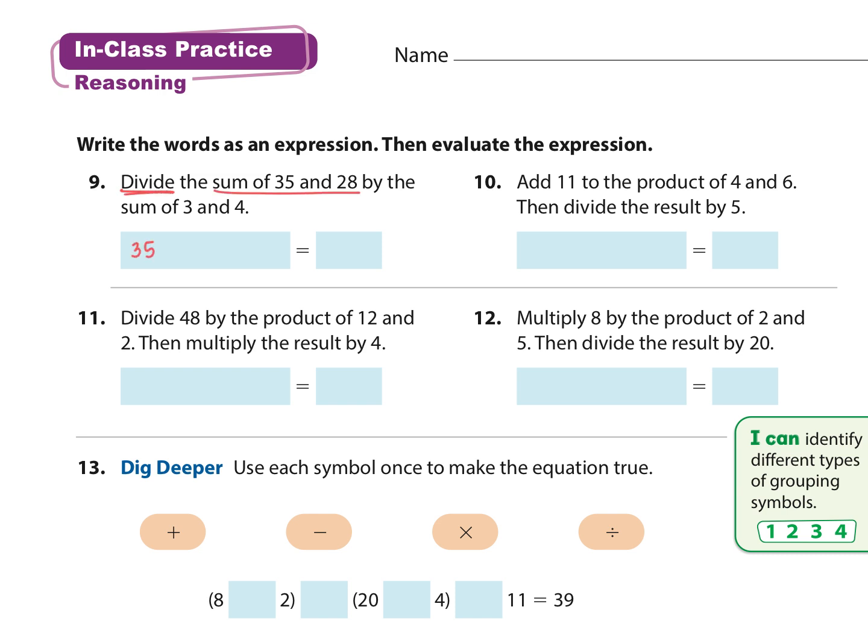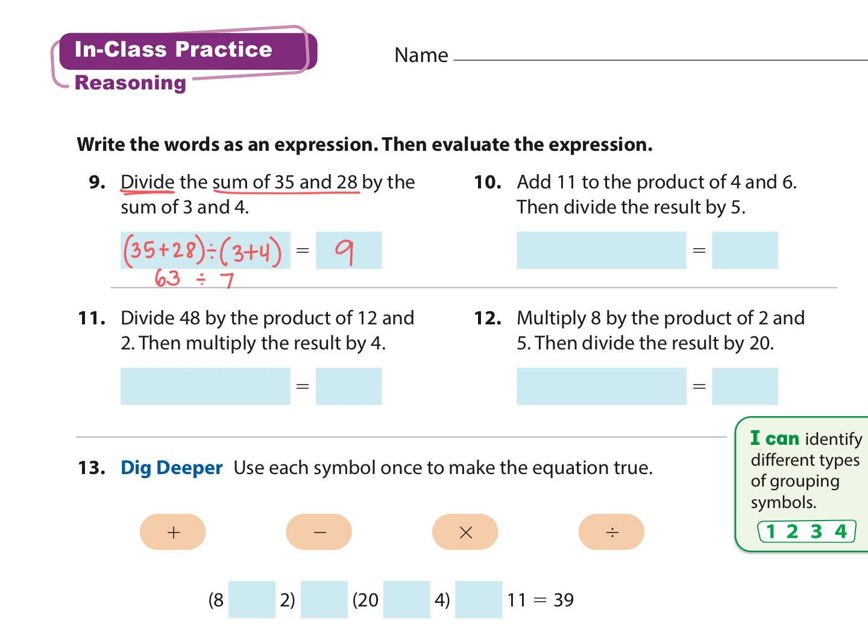So 35 plus 28 divided by the sum of 3 and 4. Okay, what is the sum of 35 and 28? What's that equal? 63. And then I'm going to divide it by 7. So my answer is 9.